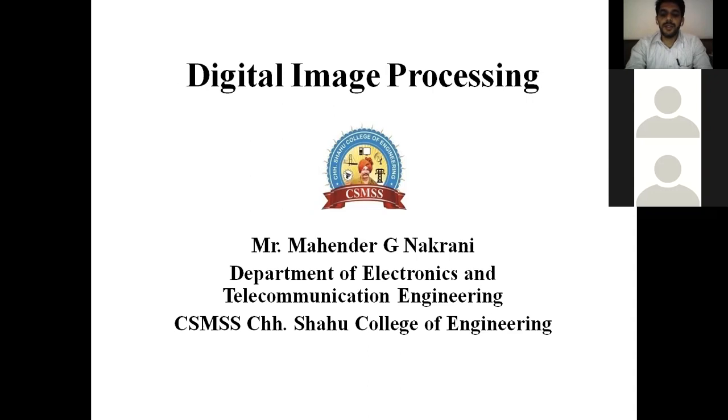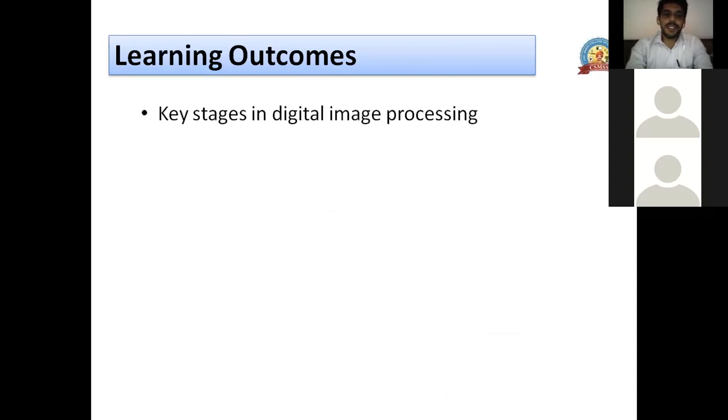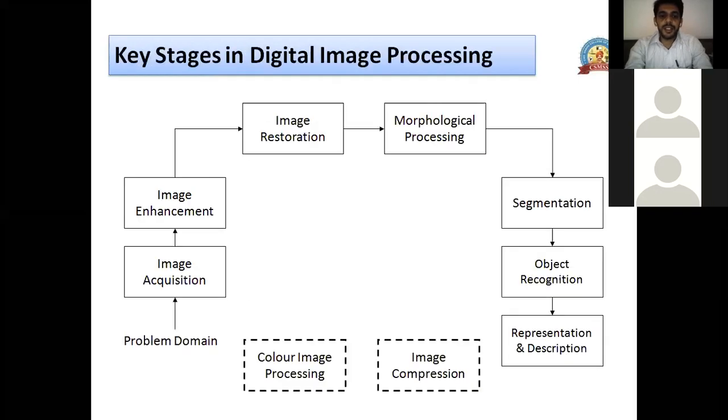So today we will go with the very important part of digital image processing, that is the key stages in digital image processing. We will look into what are the stages involved when we have a digital image processing system. In general, the system has this many stages.